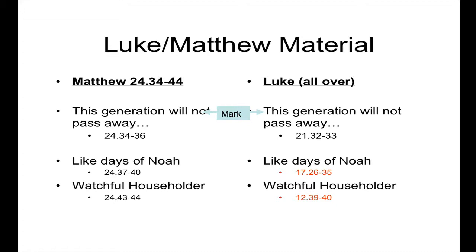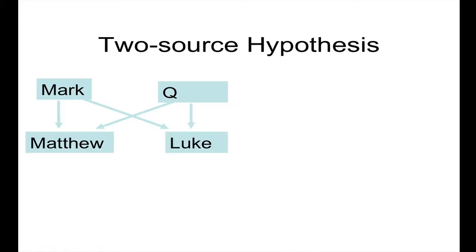So, these are the basic data, and we could multiply examples, but they would basically confirm this picture. How do you explain it? Well, as you will know from having read your textbook, the dominant theory is what's called the two-source hypothesis.